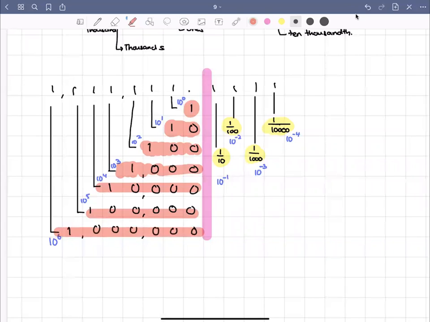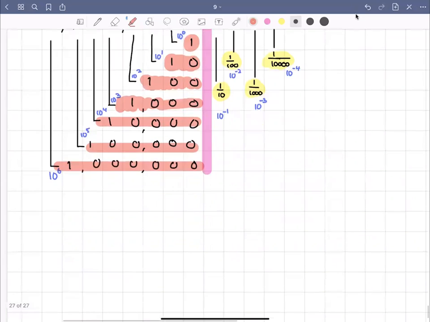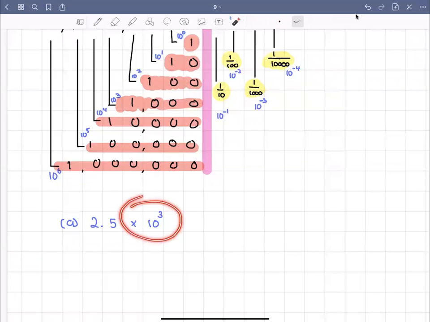What happens when we multiply by 10, or when we divide by 10? Let me show you. For example, a question says 2.5 multiplied by 10 to the power of 3. 10 to the power of 3 is 1,000, but you don't really need to remember that. You just need to remember that when I multiply, I move my decimal place to the right.